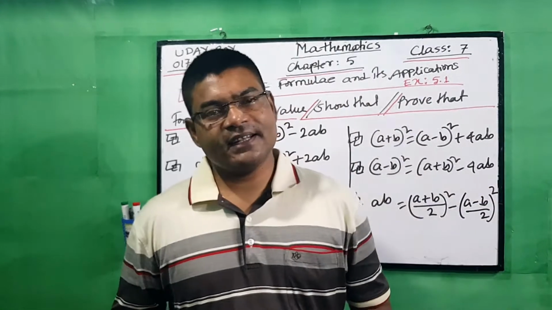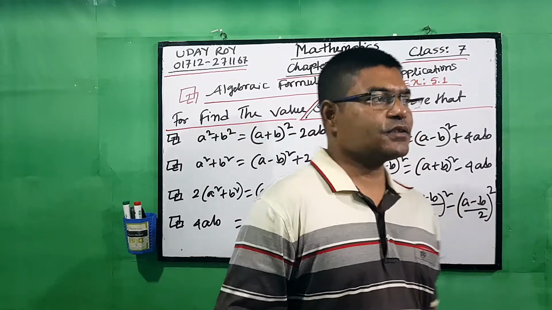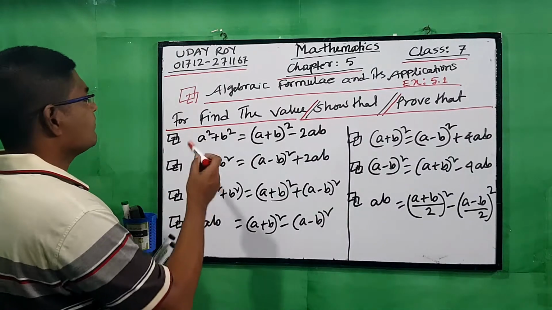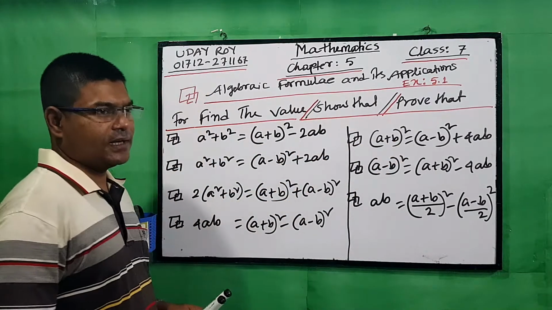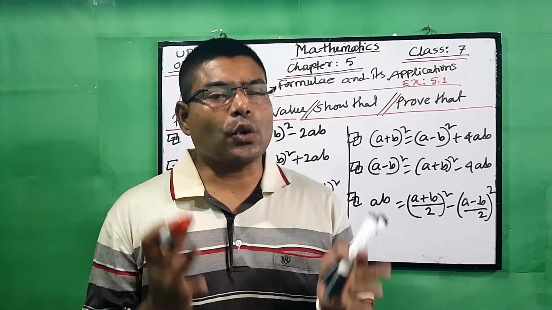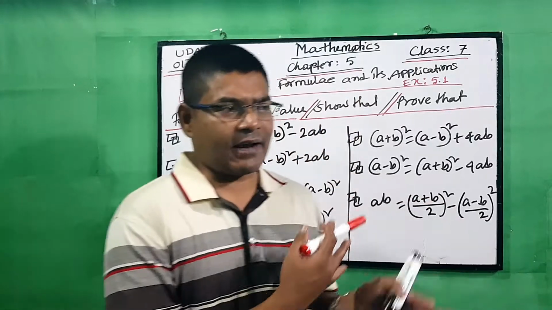Before starting this topic, we have to know some corollary. So please follow the board. You can see here I have written find the value, show that, and prove that. In your maths, for show that and prove that, you have to follow the board carefully.